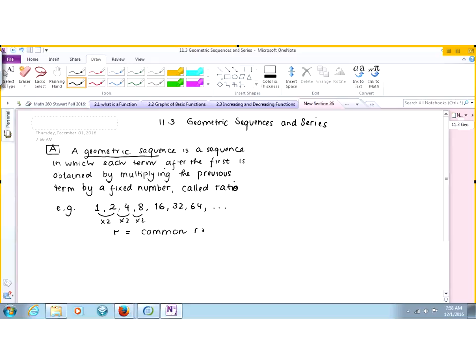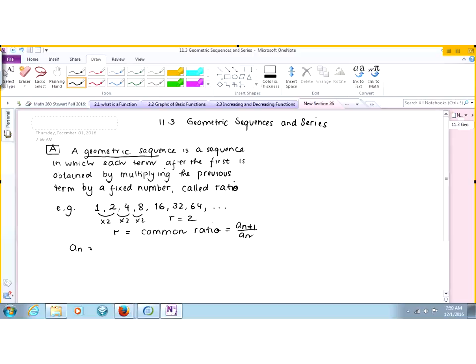The common ratio R is 2 in this case. And R is a(n+1) divided by a(n). So R is the common ratio.